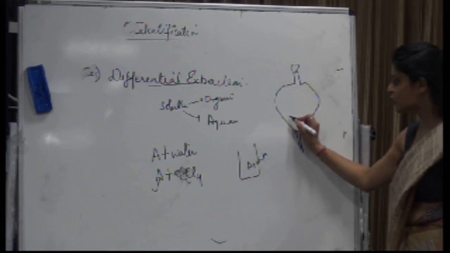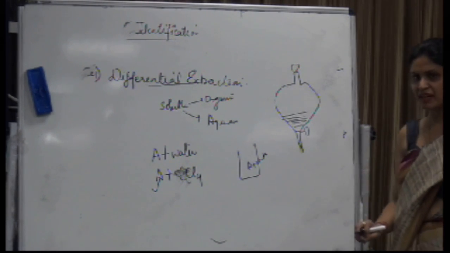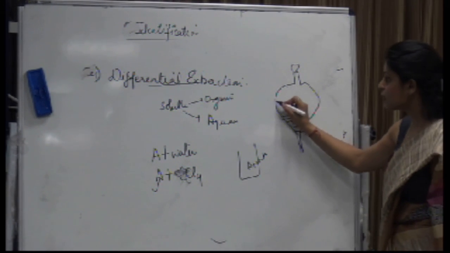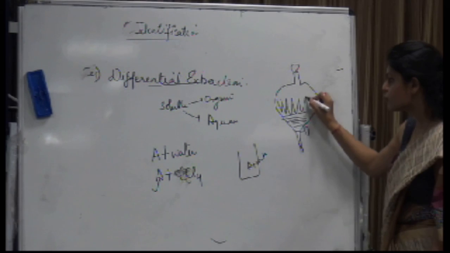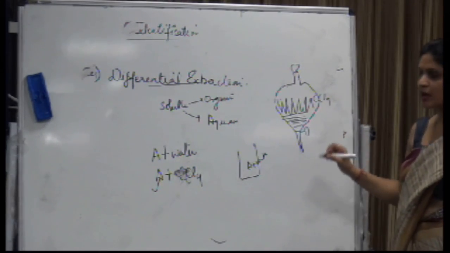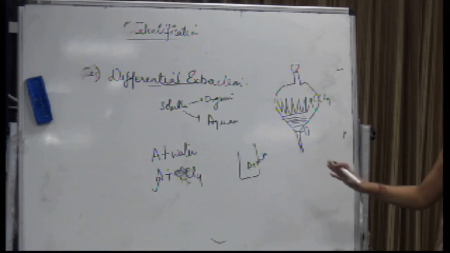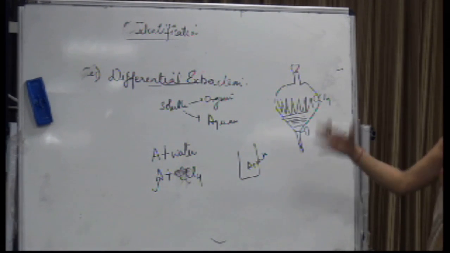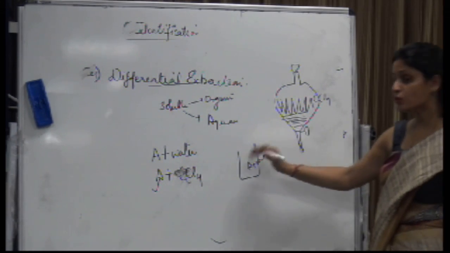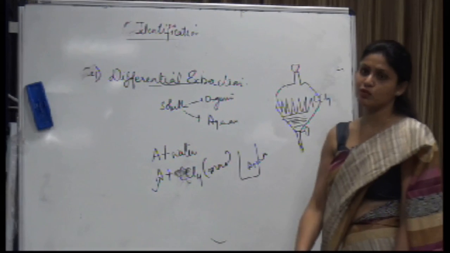I will take that mixture of A plus water in the separating flask and then I will put another liquid above it, which is the organic compound CCl4. I know this compound A is soluble both in water as well as in CCl4, but I know that this compound is more soluble in CCl4, the organic layer.